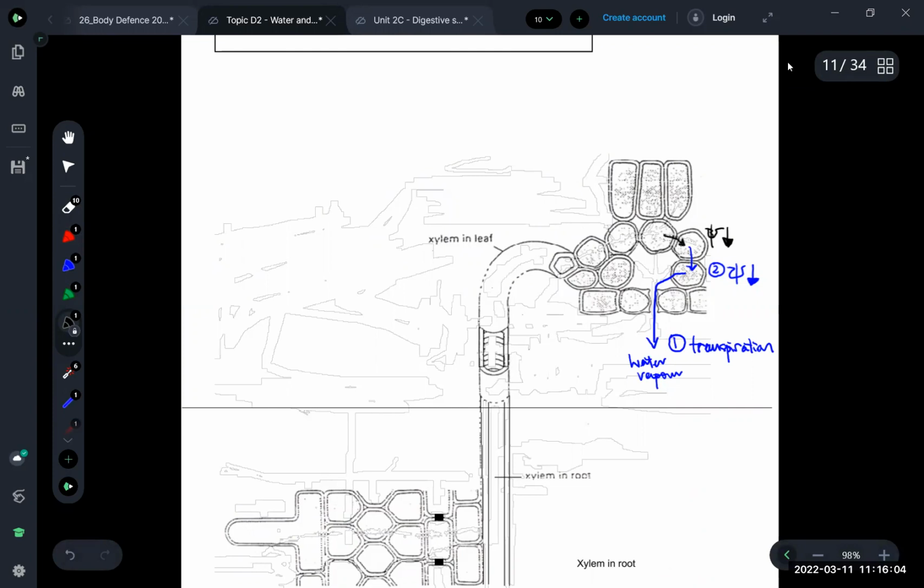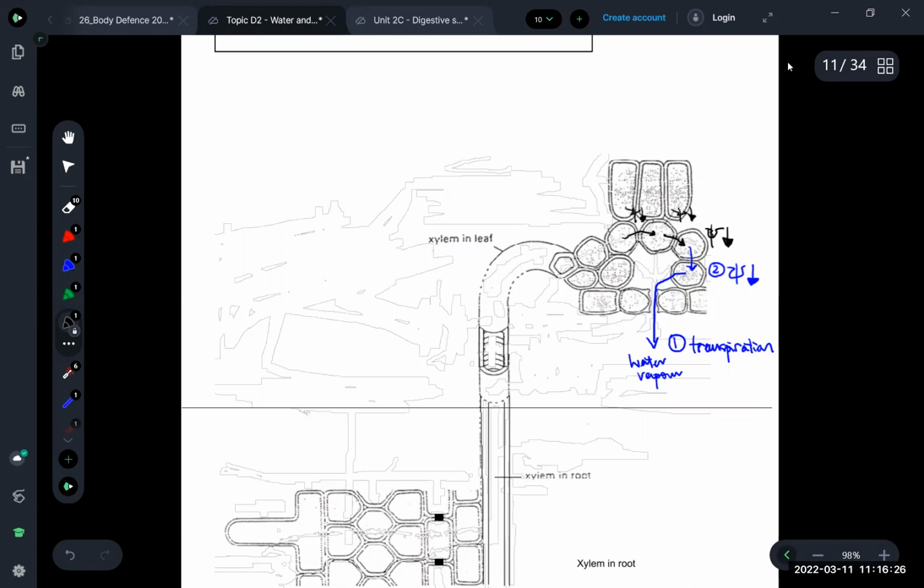So again, water moving from the neighboring cell by osmosis. Water potential decreases again because water is moved. So that's why water will enter the cell by osmosis as well. Agree? So you can imagine this will repeat.